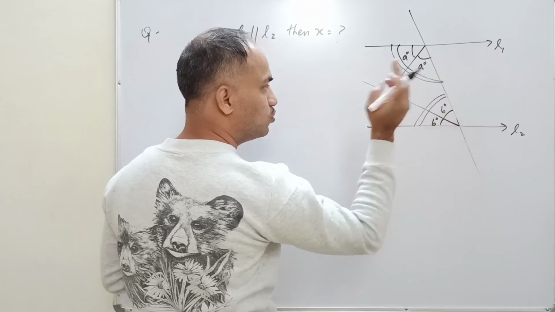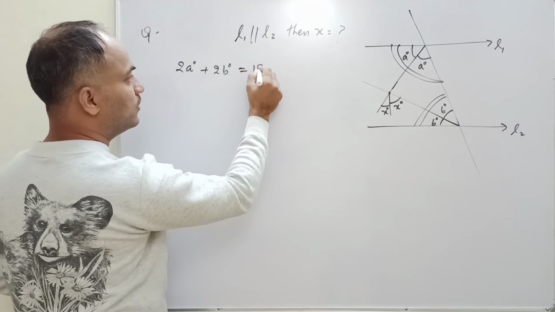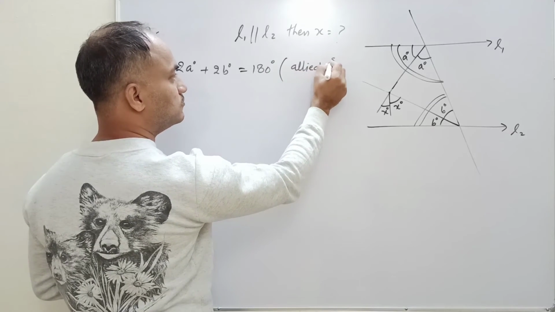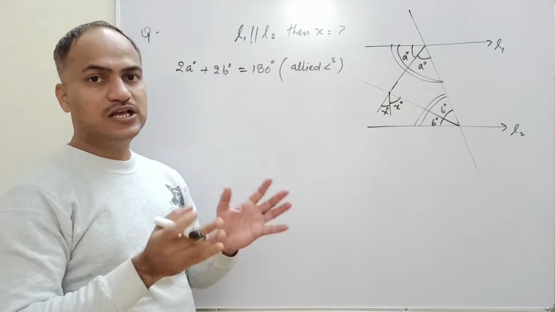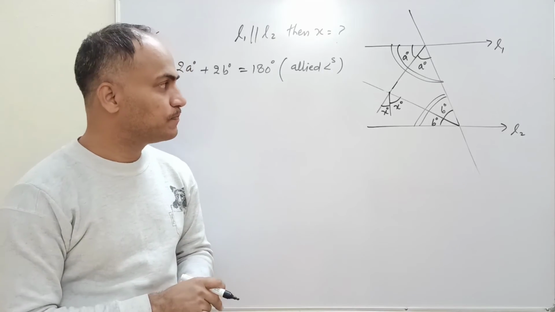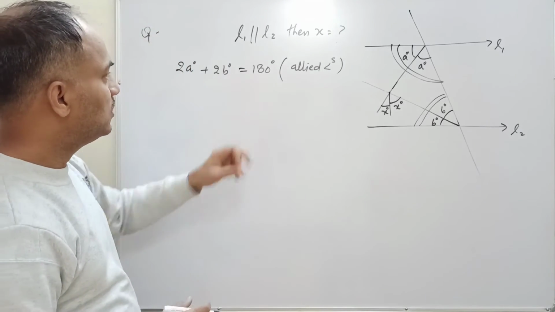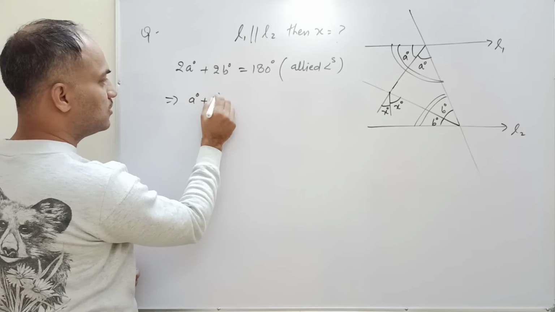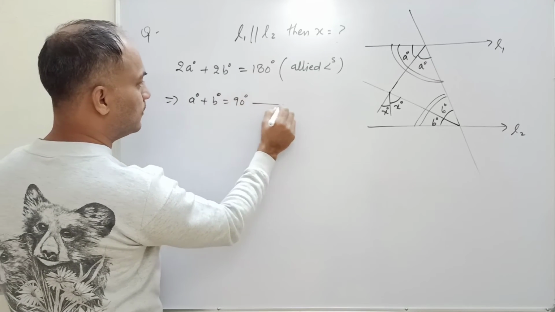This is B plus B, 2B. This will be equal to 180 degrees. Reason: they are allied angles, or you can say angles on the same side of the transversal. So when the sum is 180, on dividing by 2, we get A plus B is 90 degrees.